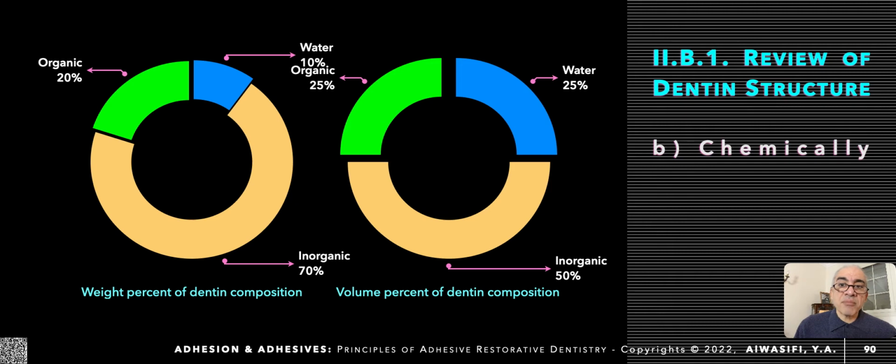It has a great amount of water, which increases the hydrophilicity of dentin, and it has organic content. Both of them, in total, constitute 50% of the volumetric percentage of dentin, and they are adhesive materials that counteract the adhesion to dentin.